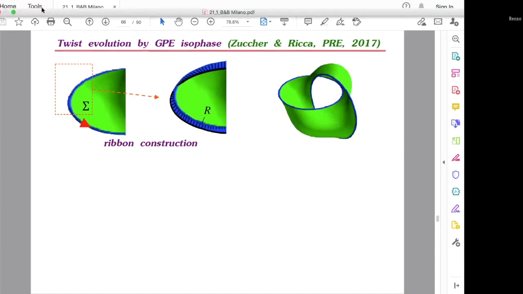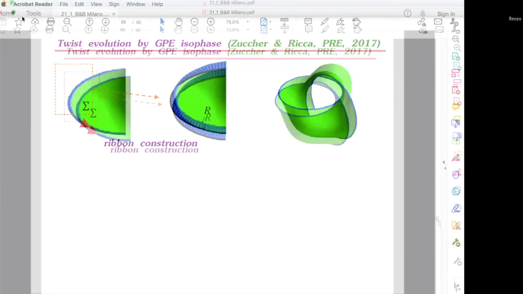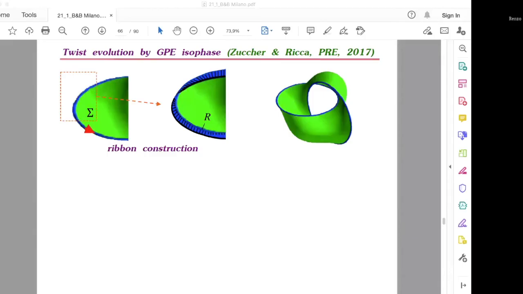Now I want to switch back, if I can, to show you my last movie. So bear with me, be patient. I will just go to a new share and tell me when you can see my screen and the movie.